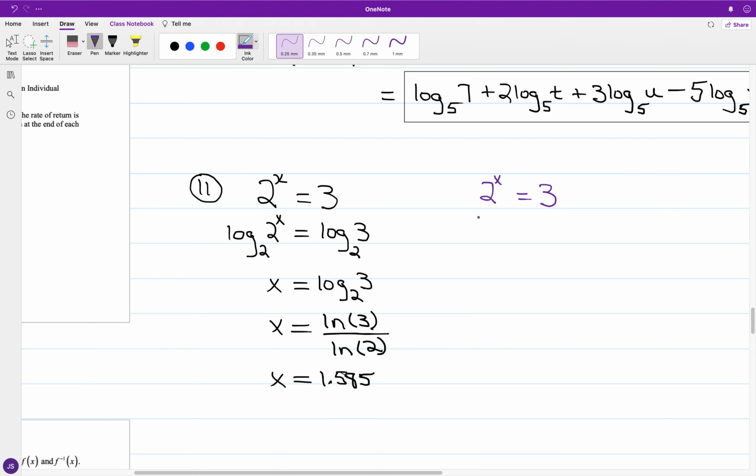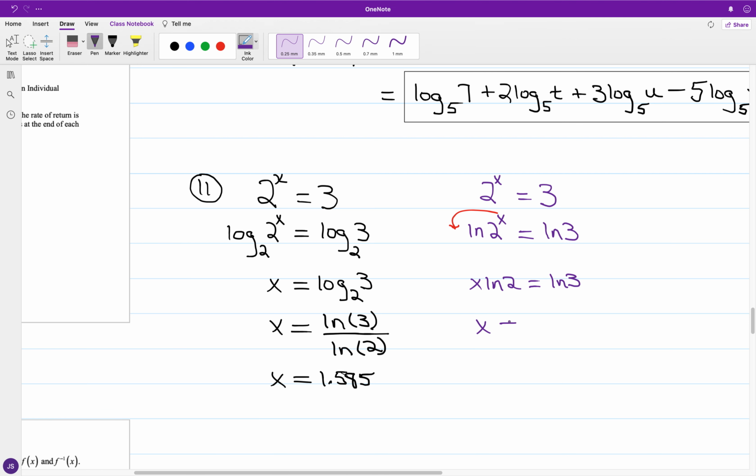Say if I took the natural logarithm of both sides, I have the natural logarithm of 2 to the x is equal to the natural logarithm of 3. And I notice we don't have a match between the exponential and logarithmic bases. So again, for this particular x, I can make this into a variable coefficient, whereupon I'm going to have x times the natural logarithm of 2 is equal to the natural logarithm of 3.